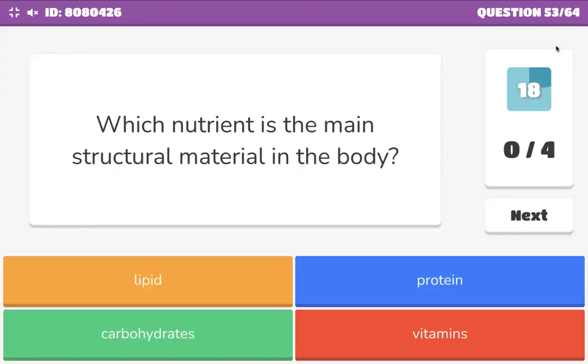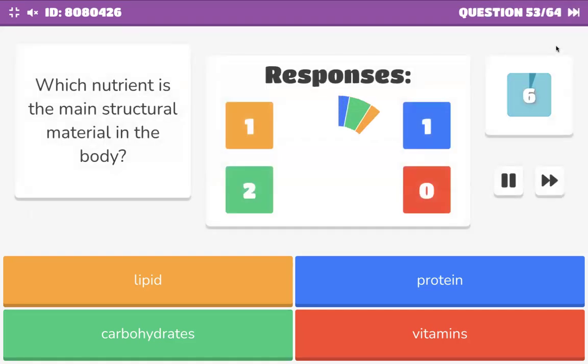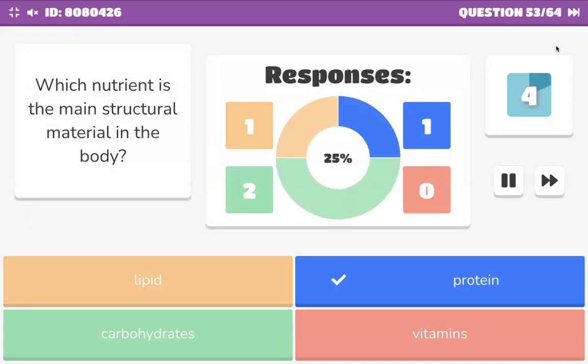Which nutrient is the main structural material in the body? The proteins.